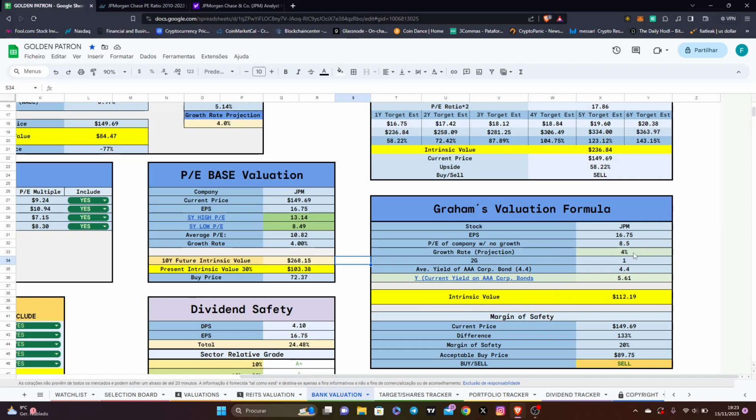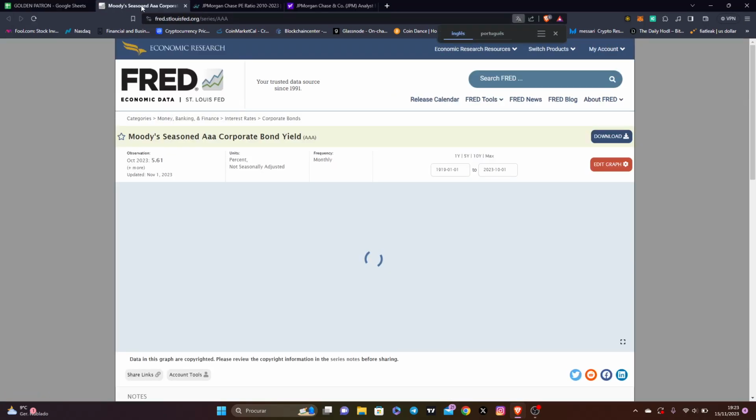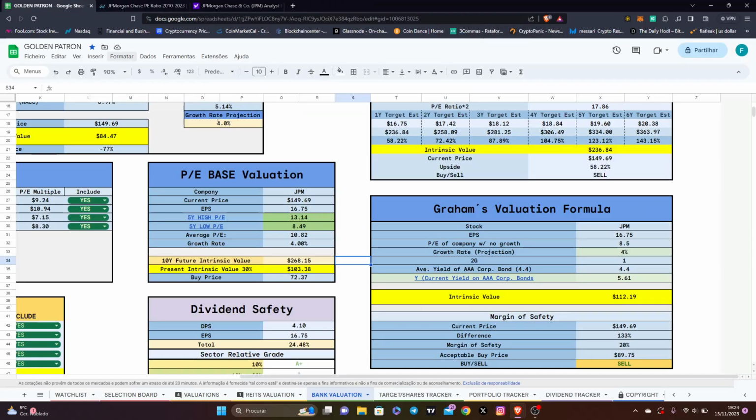The growth rate is correct. We're going to use the 4%. And the current yield, let's just make sure that it is correct. 5.61. So it is correct. Automatically it's going to give us an intrinsic value of $112. According to Graham's valuation, this is our intrinsic value.